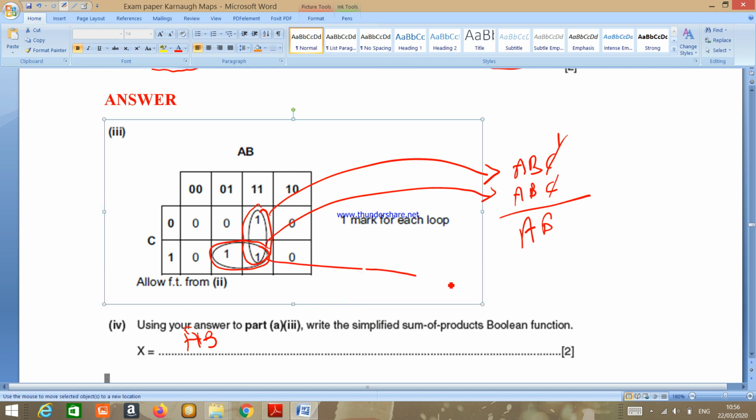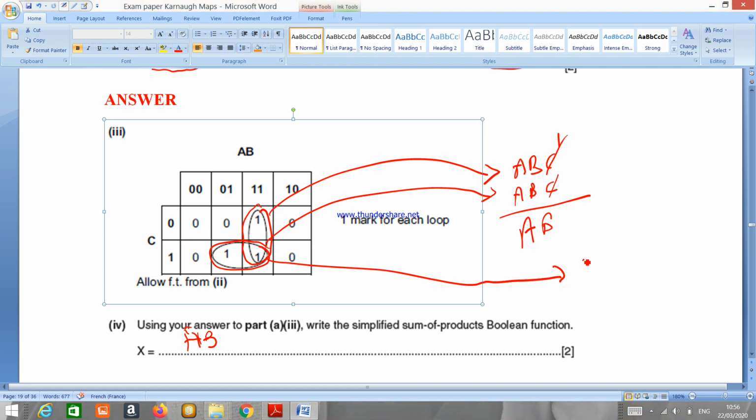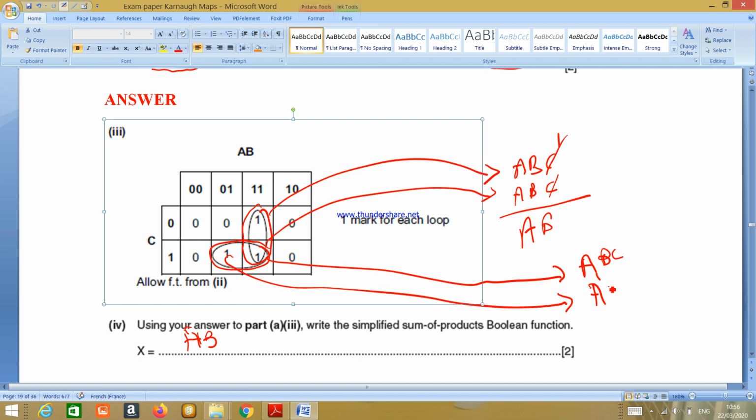Now again the next group, let's work it out. This is A, B and C, and this one brings you to A dash, B and C. Sorry, this is A dash. So the A and A dash will cross. What is left?